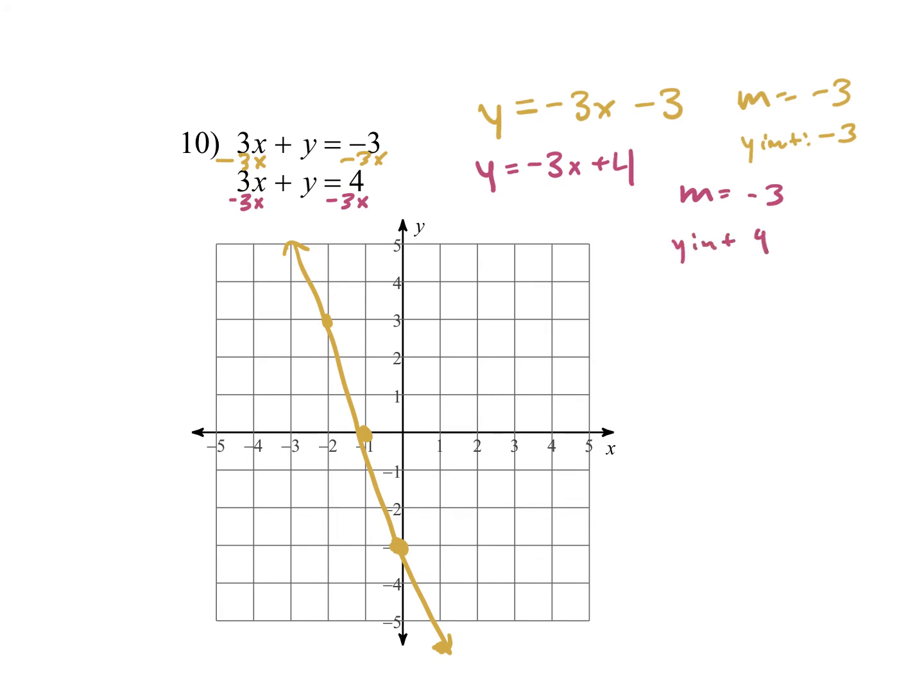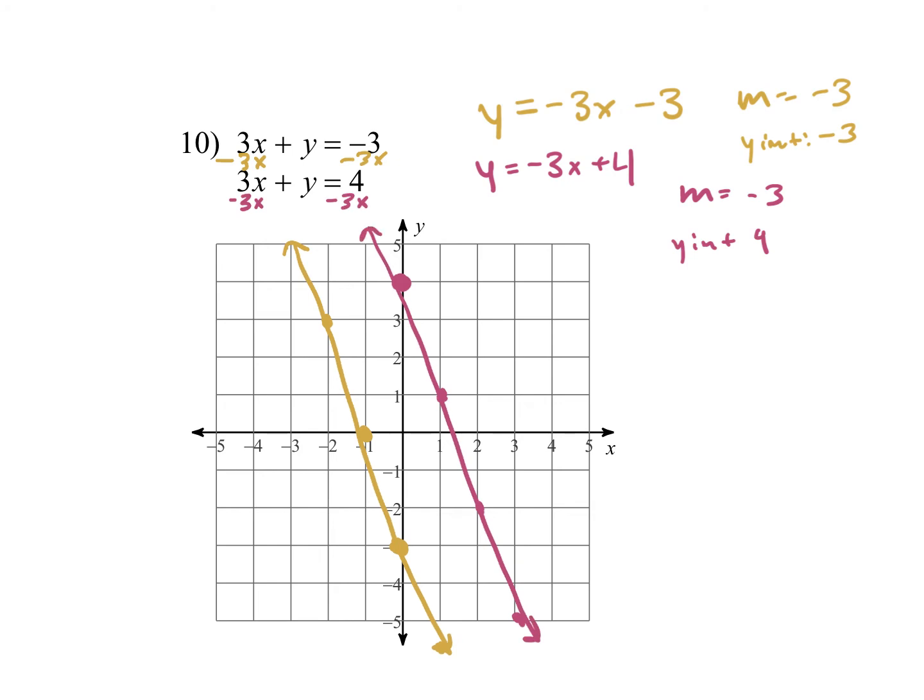So where do I put my first point? At 4 on the y-axis. My slope is negative 3, so I'm going in which direction? Down. And right or left? Down 3 to the right 1. Just connect your dots.